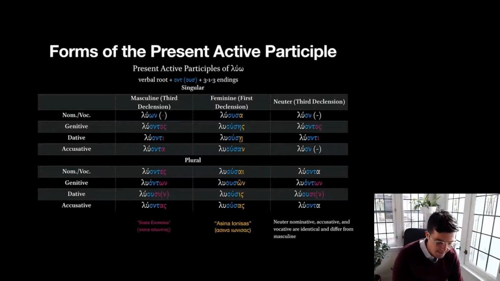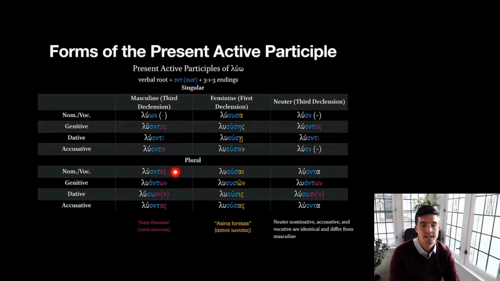So what we have is the verbal root, and then the ont added, and then these third declension endings added on: s, a, si, ontes, ontas. And just like in the third declension of nouns and adjectives, the nominative singular and the dative plural, because they have a sigma or no ending in this case, are going to be the ones that look most different.